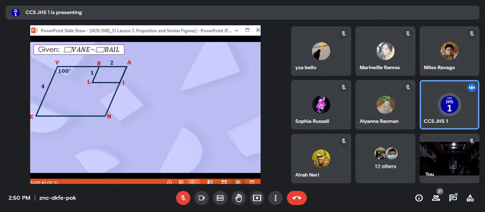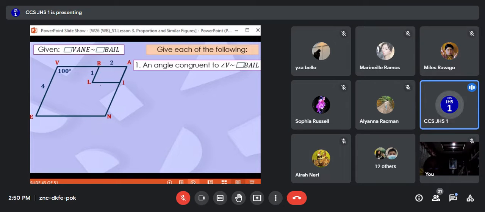And BL is equal to 1 unit. So determine the following. First, an angle congruent to angle V in parallelogram BAIL. What do you think is that angle which corresponds to angle V in parallelogram BAIL?